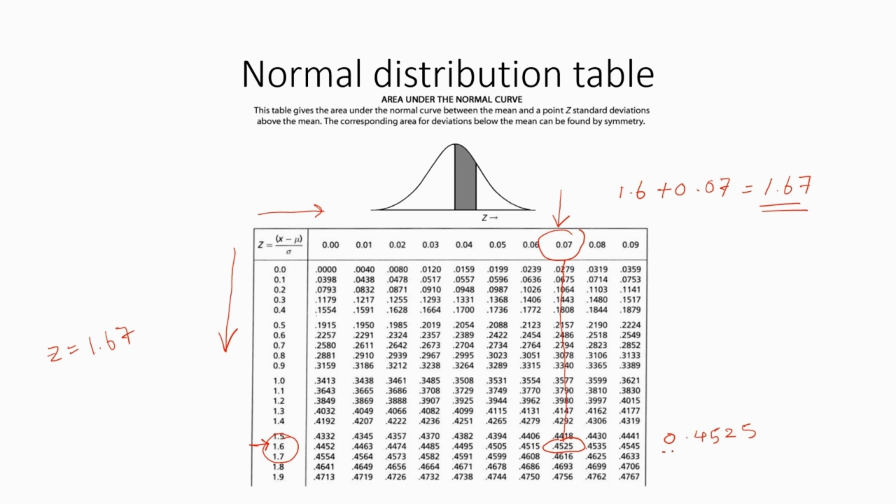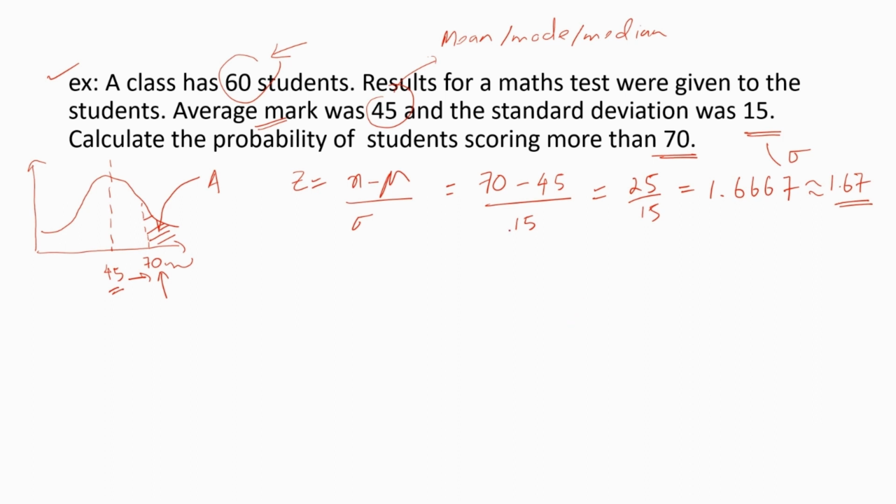There is no 0 before the decimal point, but you have to take it as 0.4525. Now let's go back. Now we have found the probability 0.4525. We can convert this into a percentage by multiplying by 100, which equals 45.25 percent.